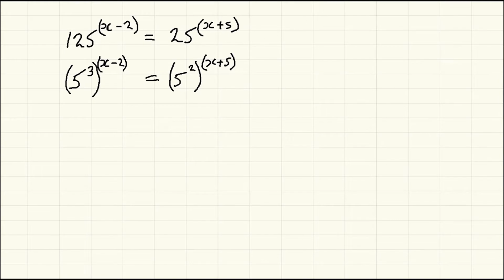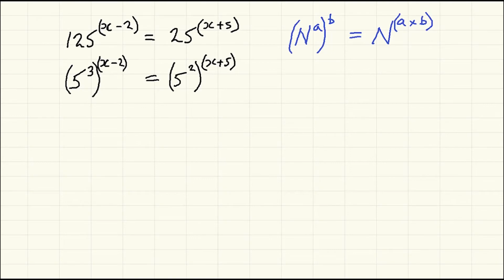Now there's an important relationship you need to know here. If you have a number that is raised to a power, and all of that is raised to another power, then that is the same as that original number raised to the power of the two original powers multiplied together.